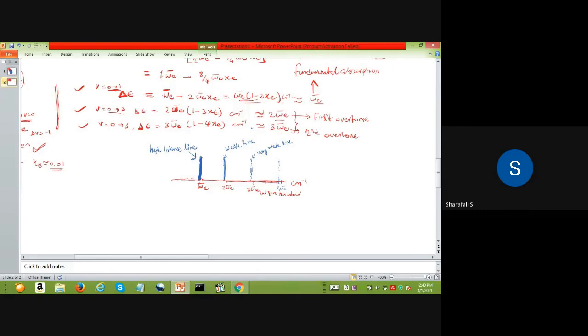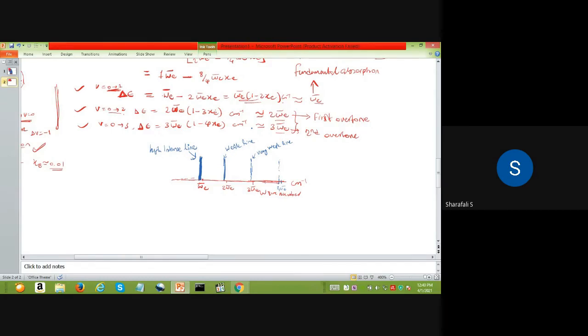The number of molecules going from energy level V equal to 0 to 1 will be larger compared to other energy levels, 0 to 2, 0 to 3. So when you have a higher V value, say 0 to 10, the number of molecules going from the ground state to that excited state level will be smaller.